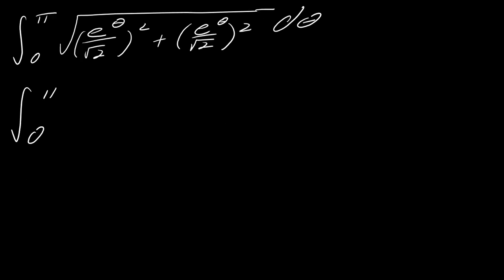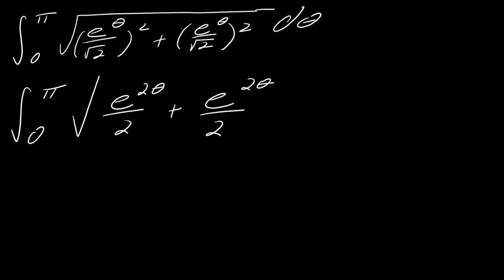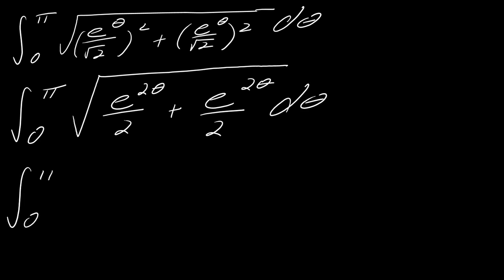If I go ahead and square everything, I'm going to get e to the 2 theta over 2 plus e to the 2 theta over 2. If I add these together, I will get 2e to the 2 theta over 2.